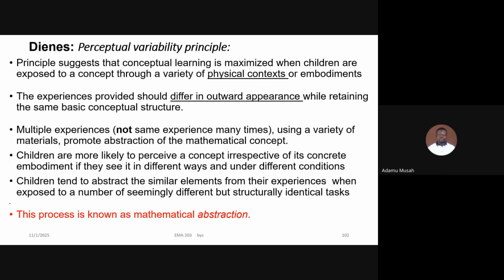Without changing, the idea is fraction. So that one is talking about context, the context in which you teach. It can be a picture, a diagram, and so on. But when you come to the perceptual variability, it's talking about orientation. There I talk about size. You are teaching the rectangle, don't keep the same size. Don't keep the same color, and so on.